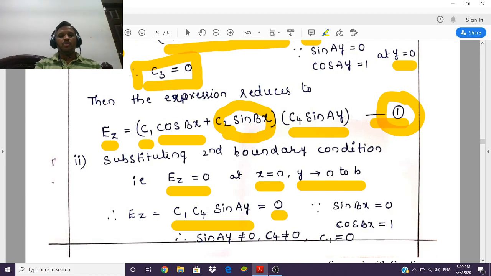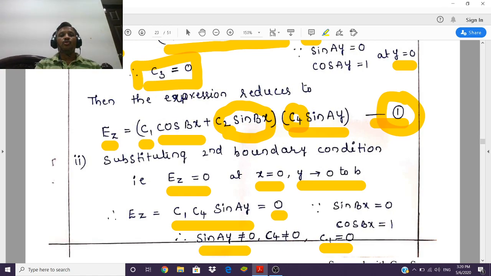Sin ay cannot be 0. And c4 also cannot be 0, because if c4 is 0, the overall expression will become 0. That's the reason don't take c4 equal to 0. So the other constant, c1, should be 0. In c1 c4 sin ay, only c1 must be 0, and c4 and sin ay cannot be equal to 0.